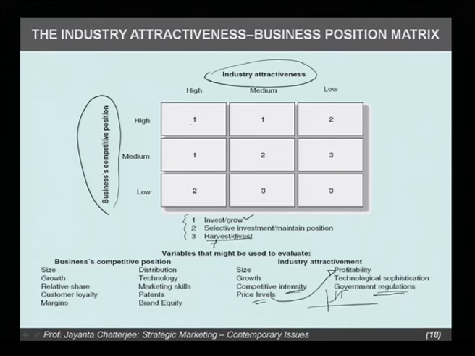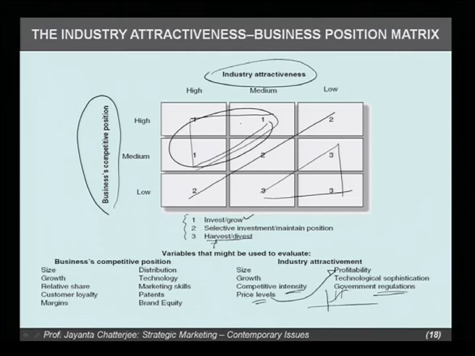So, this will allow us to look at our business in terms of 3 segments, as you see. So, you have this one cluster where you have different combinations of high industry attractiveness with medium competitive position, or medium industry attractiveness with high competitive position.